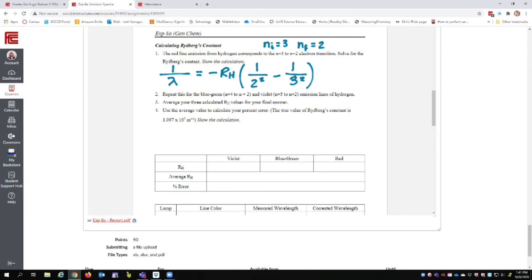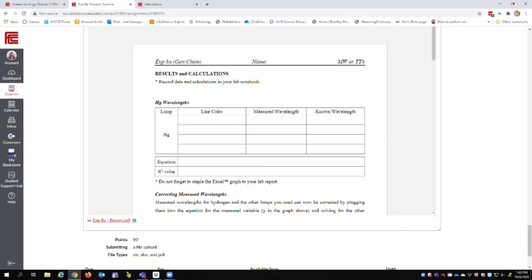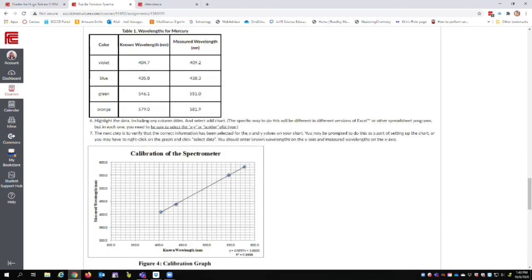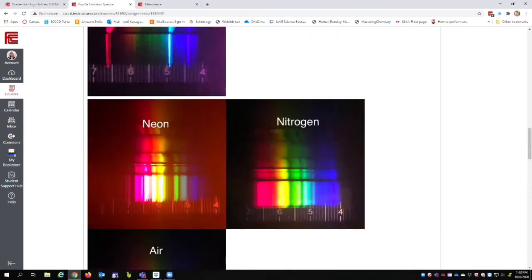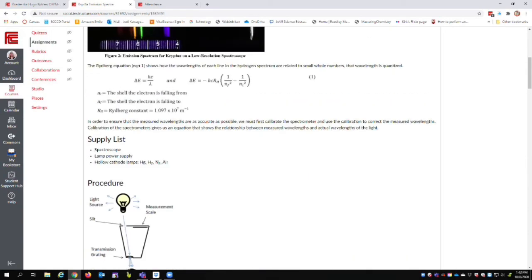Real quick, yes. Why are we using the negative sign in the equation? The negative sign is in there because, it's an excellent question, we have positive and negative energy, right?